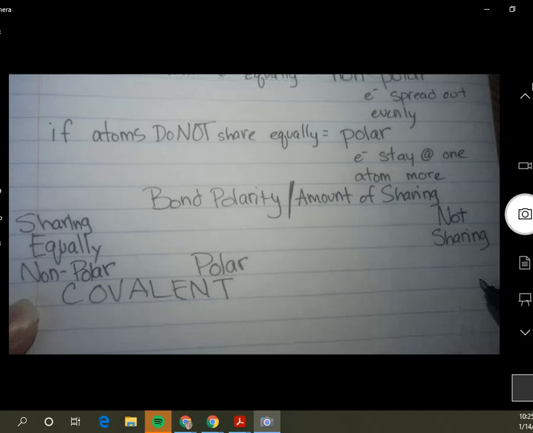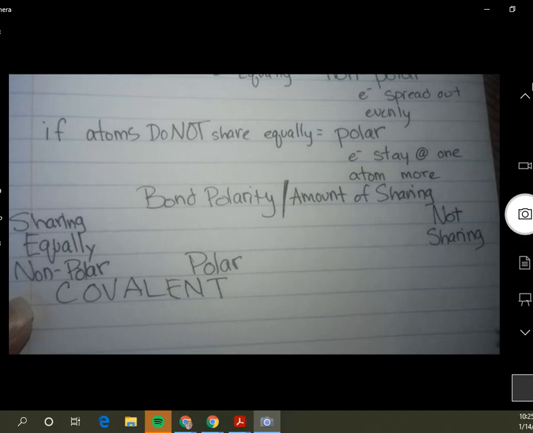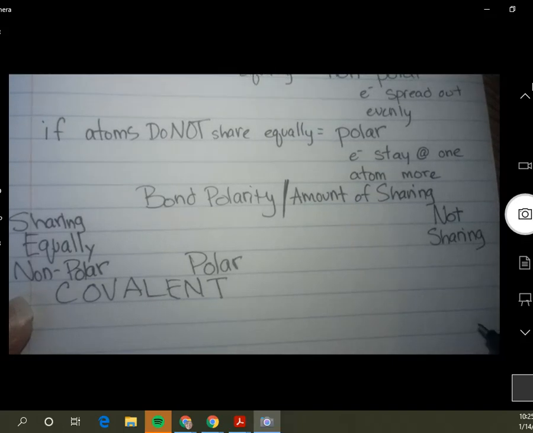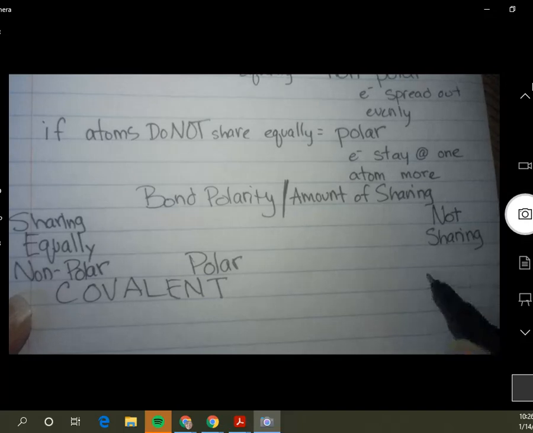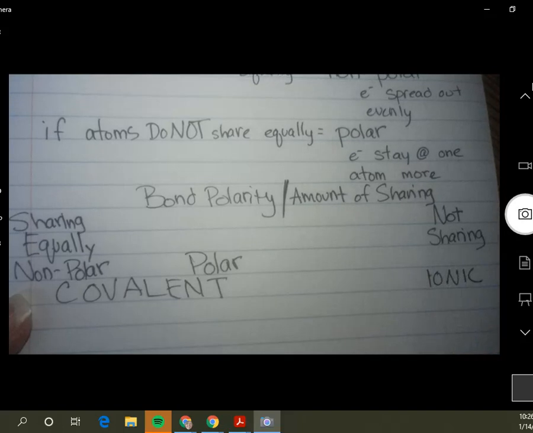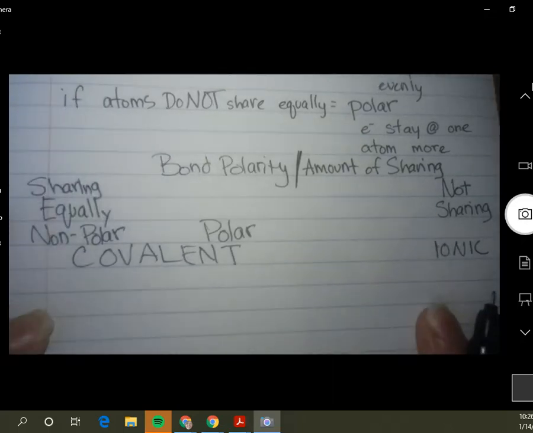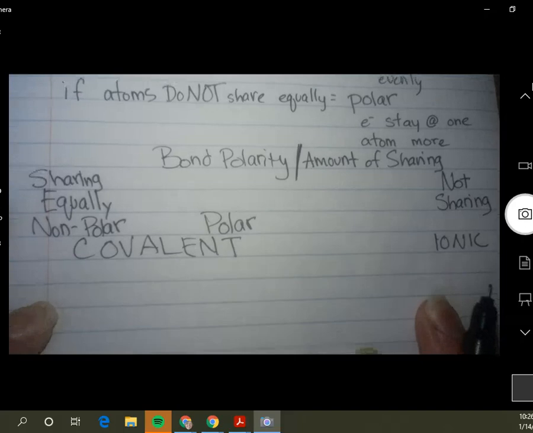Can atoms bond and not share the electrons? Yeah, it's called ionic bonding. Because remember, those electrons are stolen in ionic bonding. They're stolen. Now, that is pretty qualitative. There's no numbers.